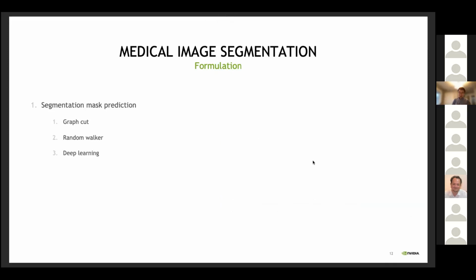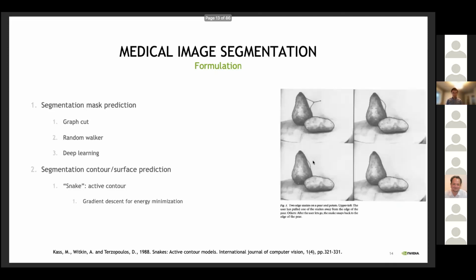Nowadays, deep learning heavily relies on this kind of formulation to segment the mask from the image directly. I will talk more about this in the following slides. The second framework tries to segment the contour or surface of the region of interest from the images. The first famous work is SNAKE, an active contour model.